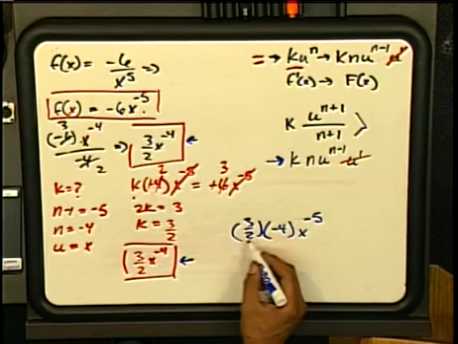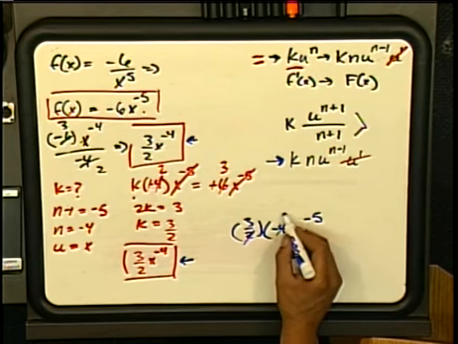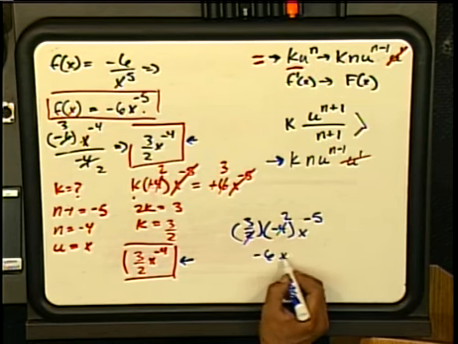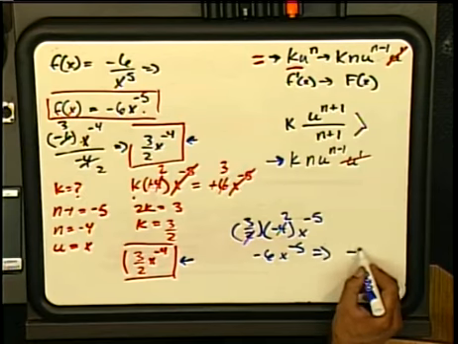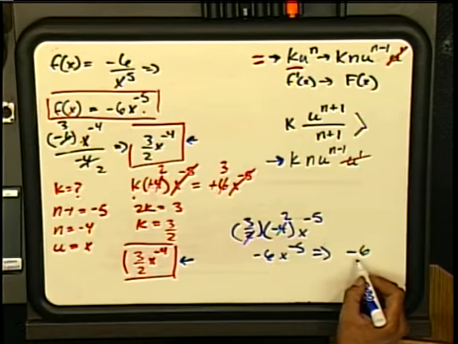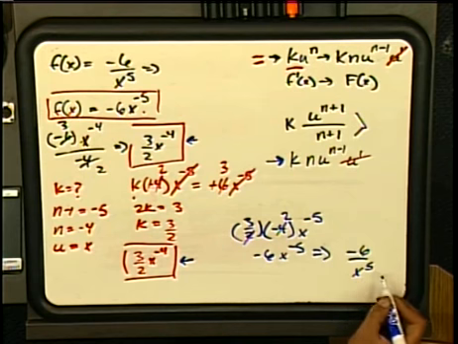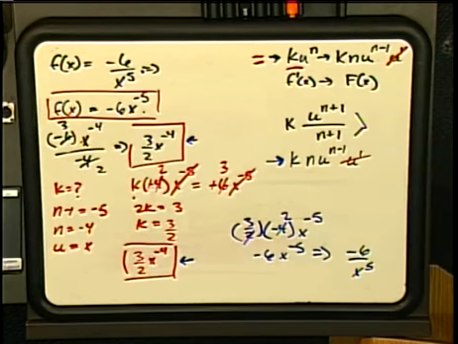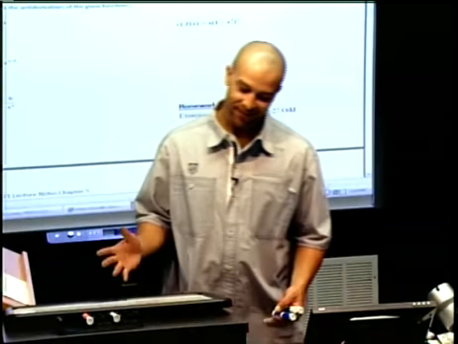No chain rule. 2 comes out, negative 6, x to the negative fifth, which is also negative 6 over x to the fifth. And that's our question. So you know we got it right. Good? You got 2 ways to check your answer.